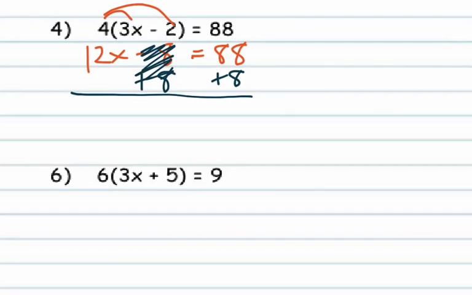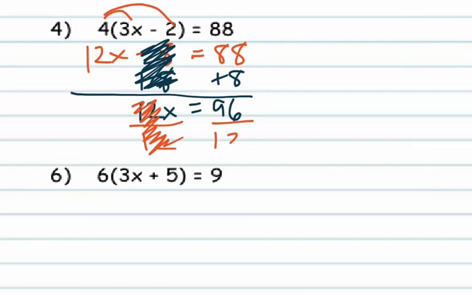And scratch out the 8s here. And I get 12x equals, what's 88 plus 8? 96. And then I have to divide by 12 because x is being multiplied by 12. Divide by 12 on both sides. And 96 divided by 12 is 8.